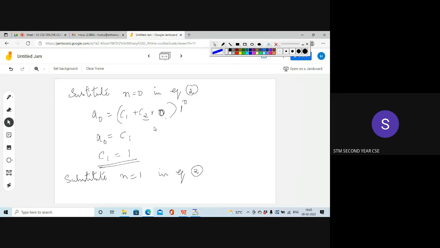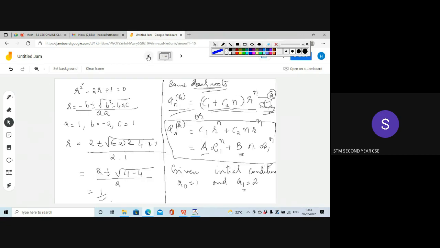Sorry, we are finding the homogeneous solution, right? We will be getting the first part, that is the homogeneous solution. Homogeneous solution an of h is given by C1 plus C2n times r raised to n, or you can even use this formula. This is the homogeneous part.